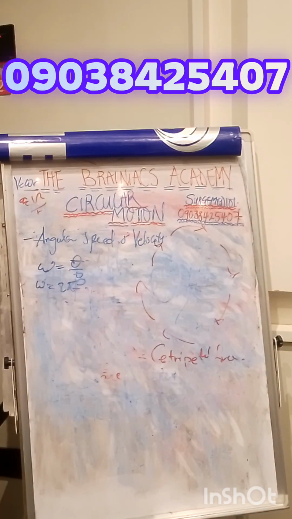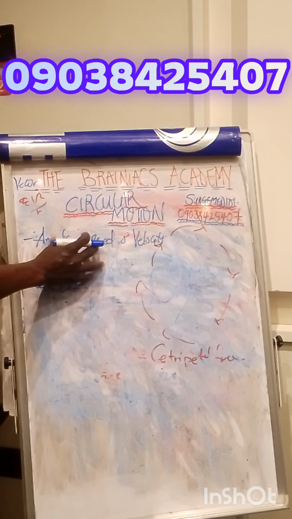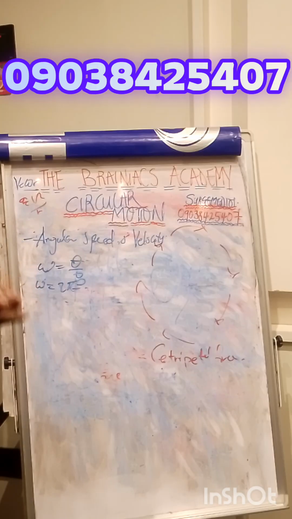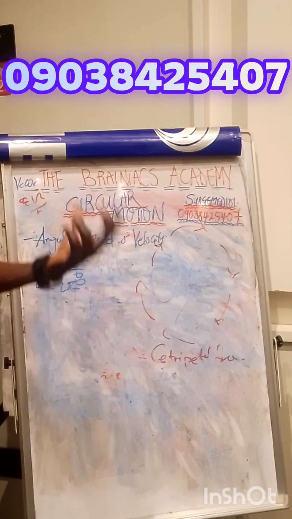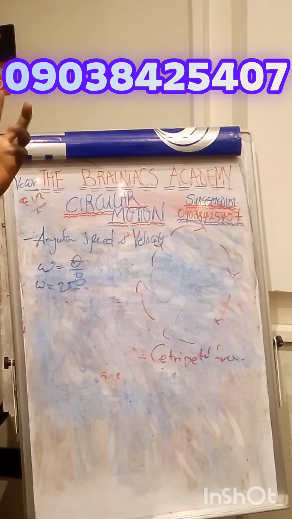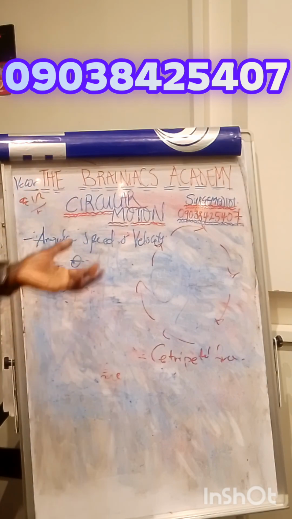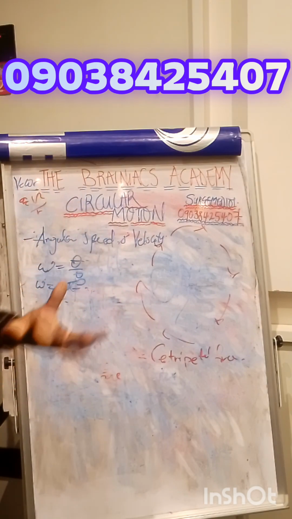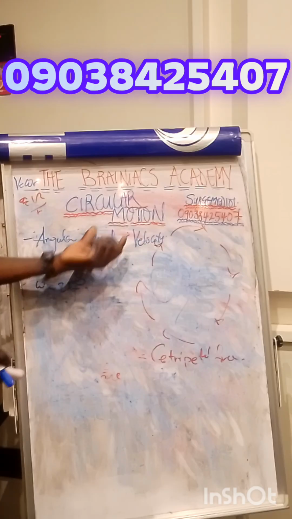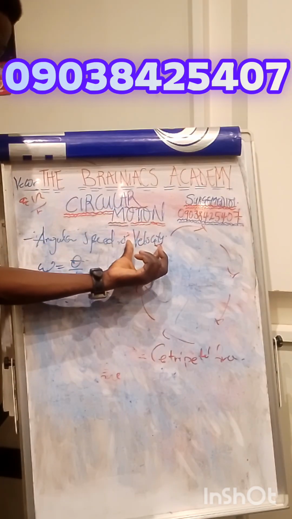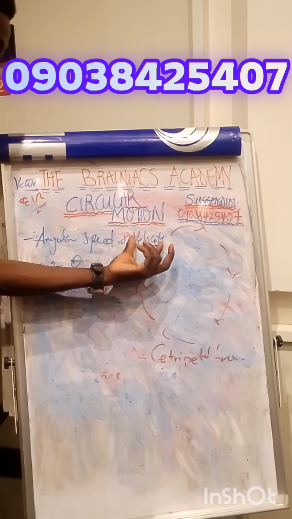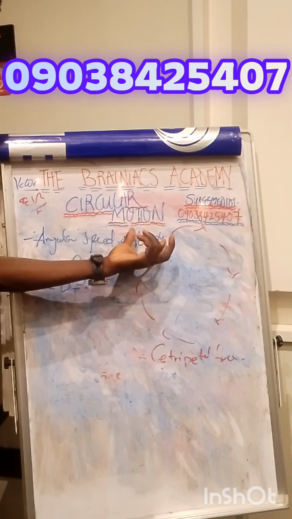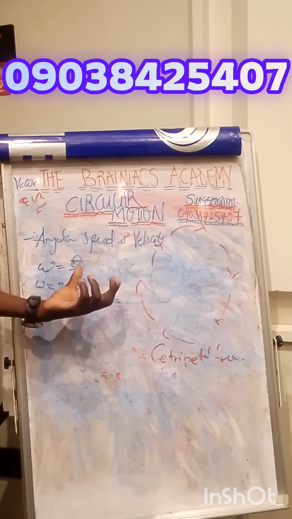Are you with me? So alright, angular speed is kind of the same, but what's differentiating this and this? In the video I made on scalar and vector quantity, I explained the differences between speed and velocity. Velocity is a vector quantity because it has both magnitude and direction, but speed is a scalar quantity.